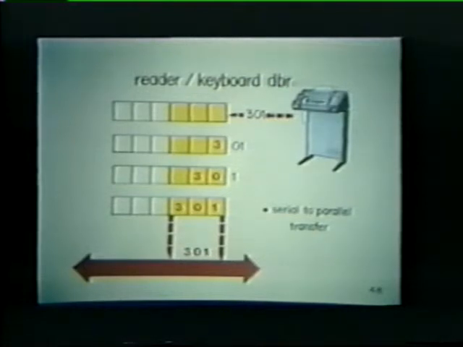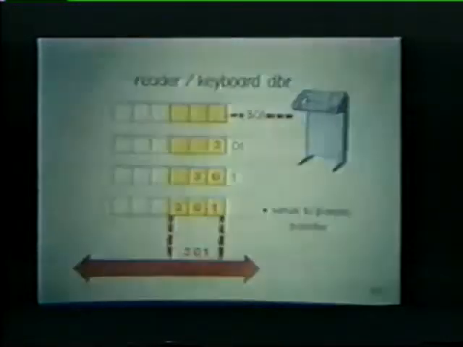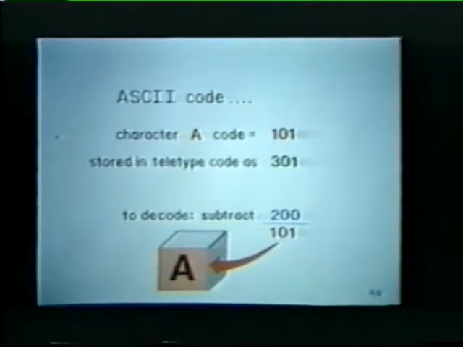If we take a closer look at the reader DBR, we see that the data is input to the register serially from the teletype and then output in parallel to the Unibus. Data is transmitted over the Unibus 1 byte at a time. Notice that we only use the lower half of the DBR for storage. The code shown here, 301, represents a capital A. Characters and numerals are coded on tape in the ASCII format.